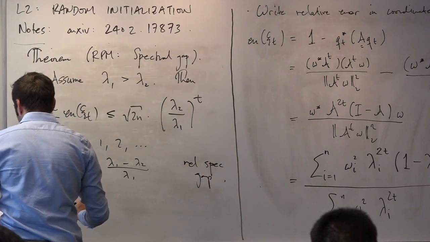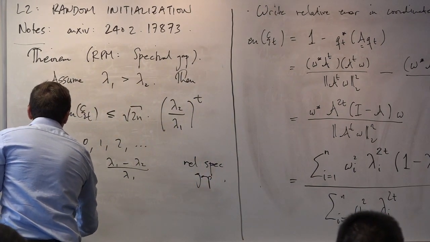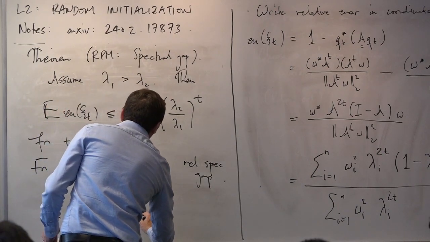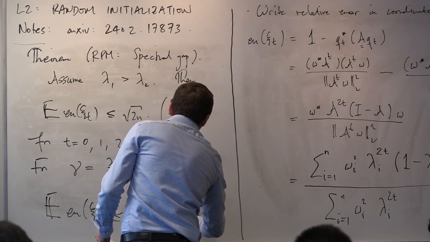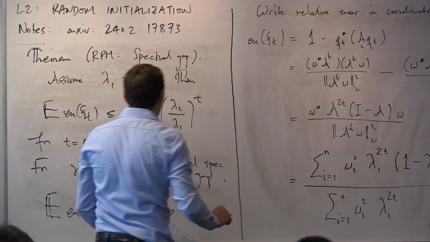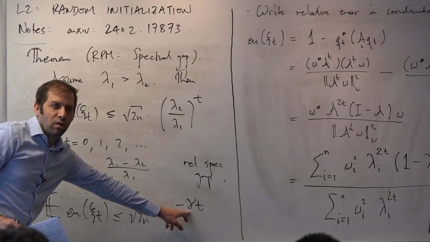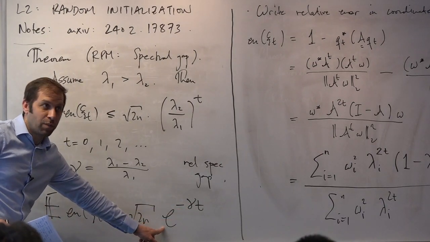So for the relative spectral gap, the error is bounded by root 2n times e to the minus gamma t. So the spectral gap tells us the rate of convergence, which is exponential.